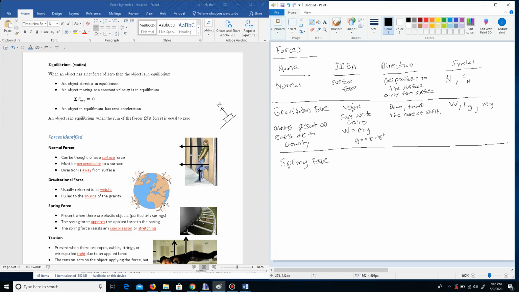Okay, and it's the force due to objects' elasticity, its ability to snap back to its original position, and it always opposes the applied force.